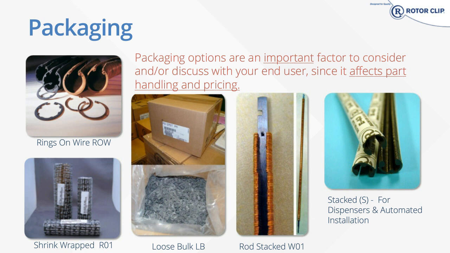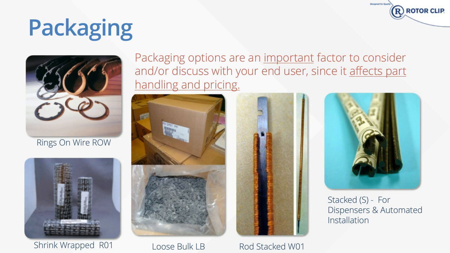So you can pick a ring, install it, pick another ring, install it. Very easy for you, your assembly people, or the robots that are taking over. And finally, we offer stacked parts not on rod, so they can be easily loaded onto your own automated assembly equipment.